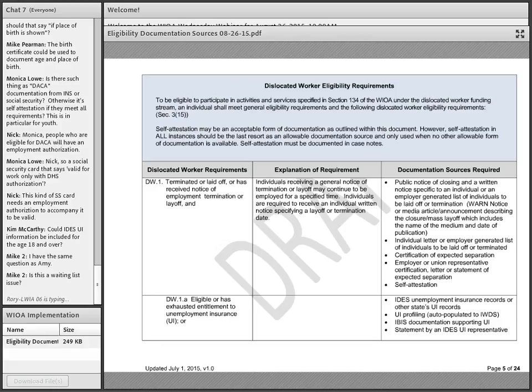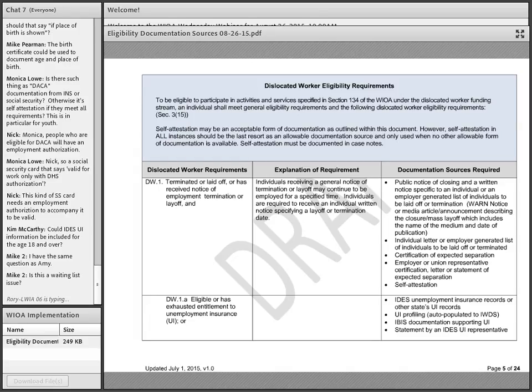Some of those are contingent on something else. You'll see DW.1; people have probably figured out that our numbering system relates to the program. We had A for adult, we'll have DW for dislocated worker, and then OSY and ISY for the youth groups. If there is a subcategory of qualification or eligibility criteria, then you'll see the 1As and the 1Bs.